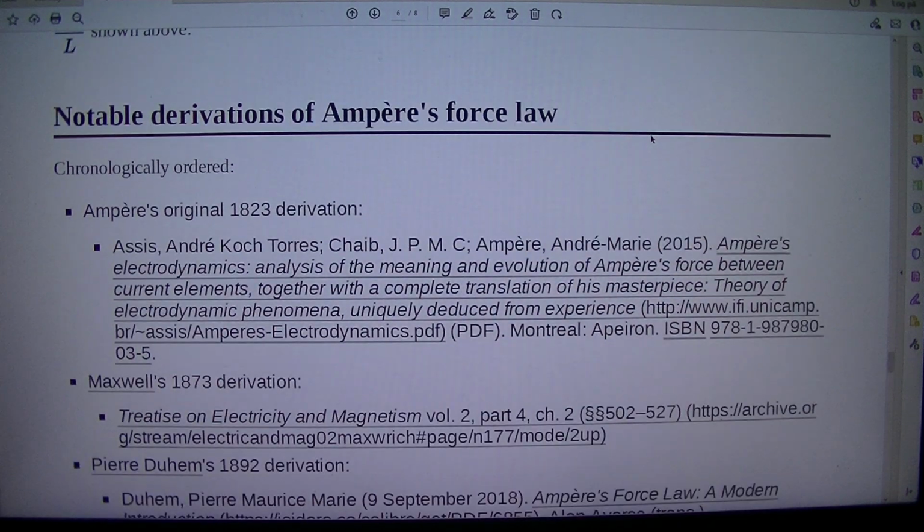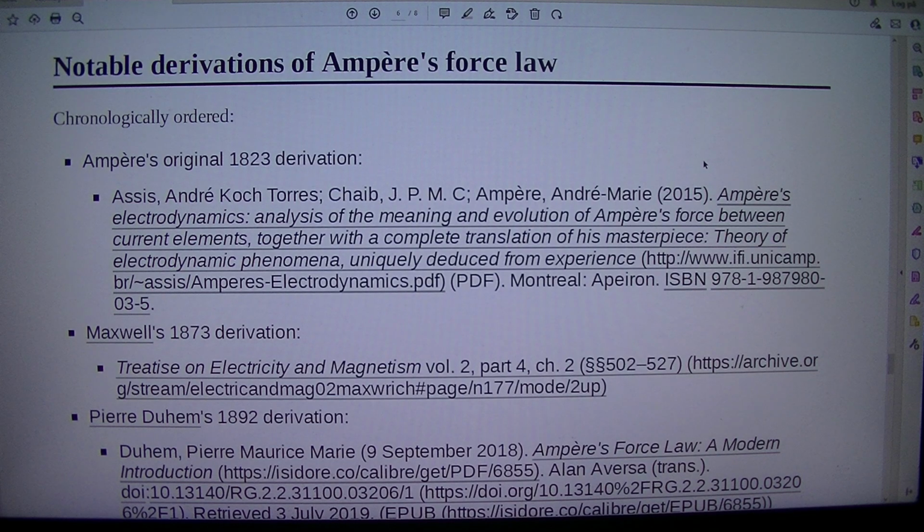Notable derivations of Ampere's force law, chronologically ordered. Ampere's original 1823 derivation: Assis, André Koch Torres; Chaib, J. P. M. C. (2015). Ampere's Electrodynamics: Analysis of the meaning and evolution of Ampere's force between current elements, together with a complete translation of his masterpiece, Theory of Electrodynamic Phenomena, Uniquely Deduced from Experience (PDF).